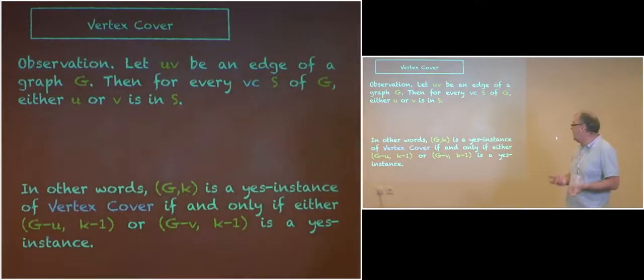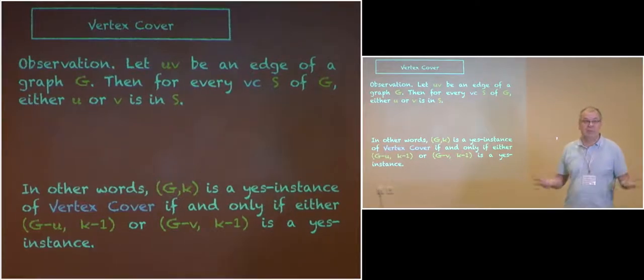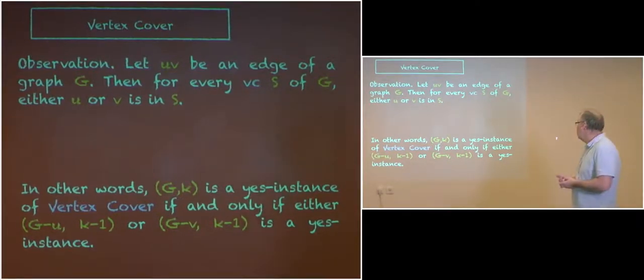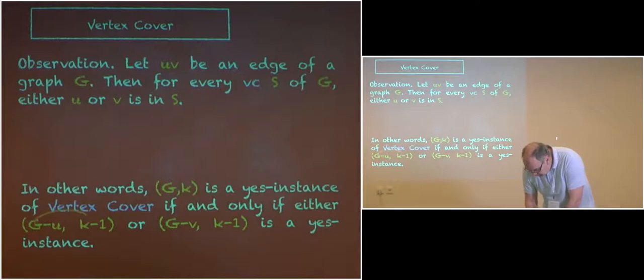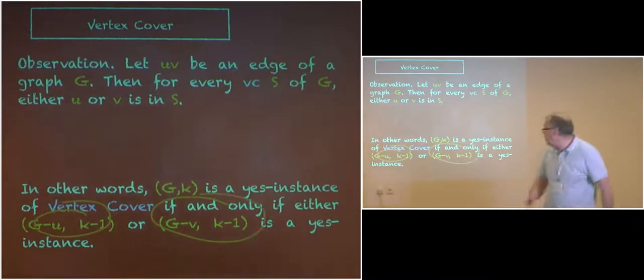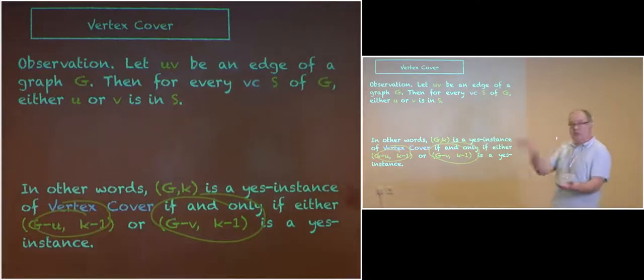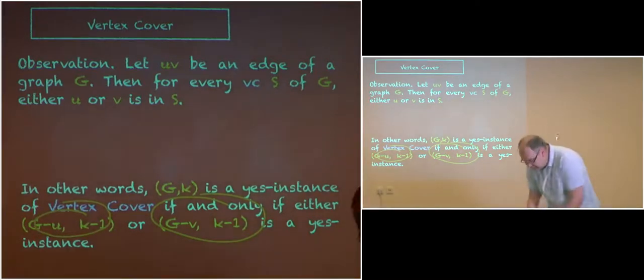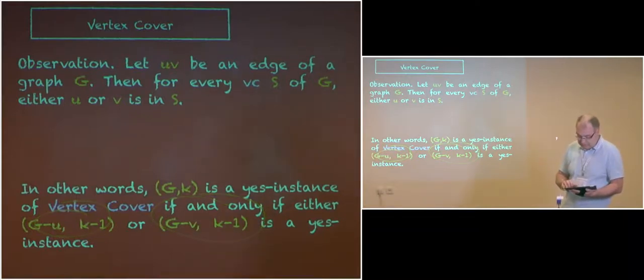In other words, if I have an instance (G, k) of the parameterized version of vertex cover, then it is a yes instance if and only if either one endpoint is in the vertex cover, so I put this vertex into the vertex cover and decrease the parameter by 1, or I take the second vertex into the vertex cover and decrease the parameter by 1.